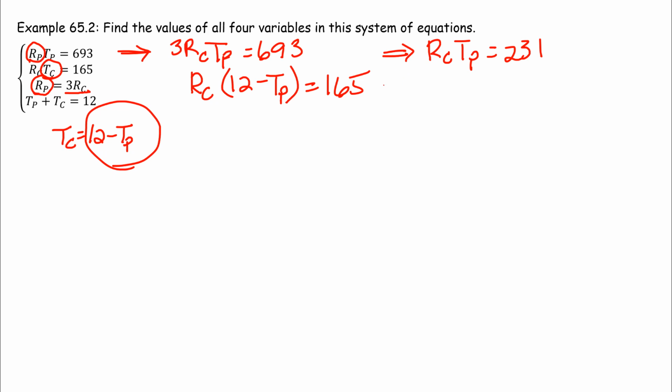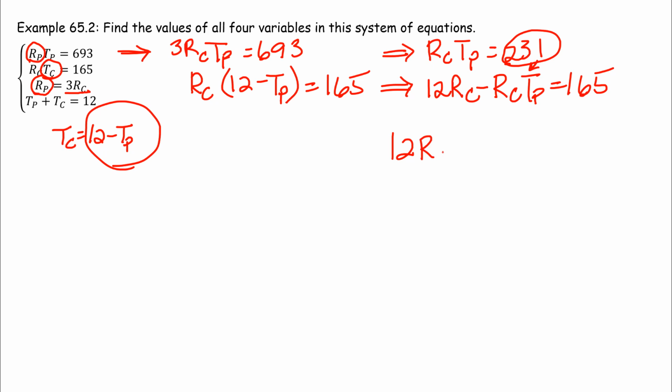For this equation, if I distribute, I'll have 12 r sub c minus r sub c t sub p equals 165. And again, just like on the last problem, I can plug in now 231 in for r sub c t sub p in that second equation.